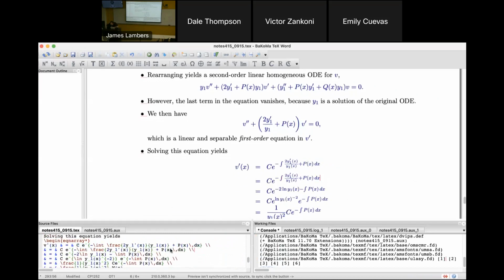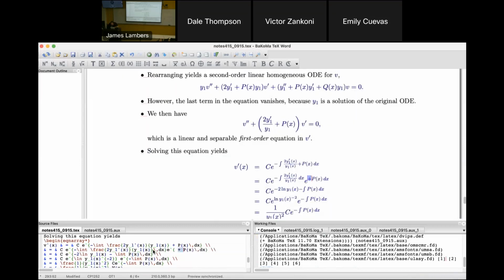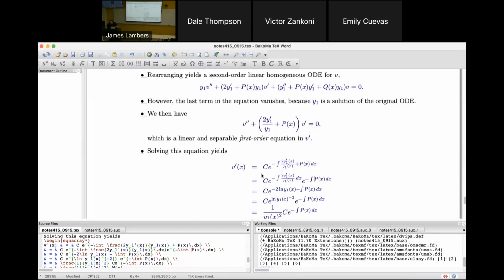I'm also going to break this up into two integrals. Okay, so I've broken up this exponential in two. And then for this one, I'm going to take the constant factor of 2 and pull it out.